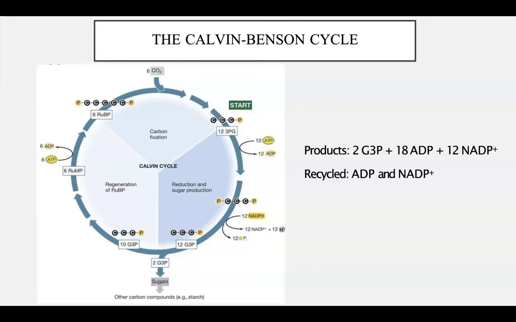It's similar to fermentation, where pyruvate converts NADH back into NAD plus so that the process can start again. You need the starting material in order to start the cycle. If it converts all of it into sugars, there won't be any starting material left, so the cycle won't be able to occur. As a result, the plant allows most of the G3P to remain within the cycle to help regenerate RuBP.